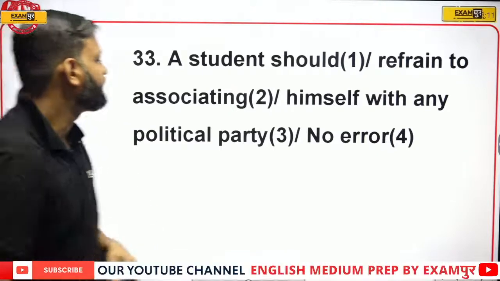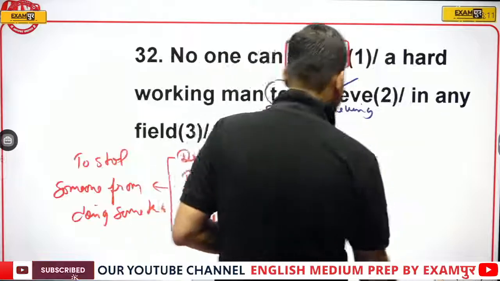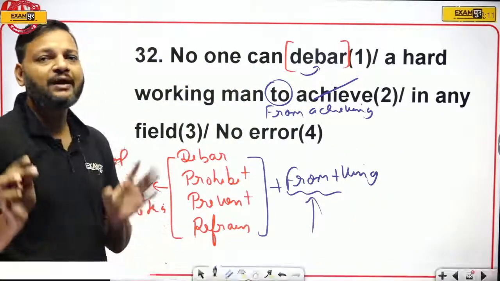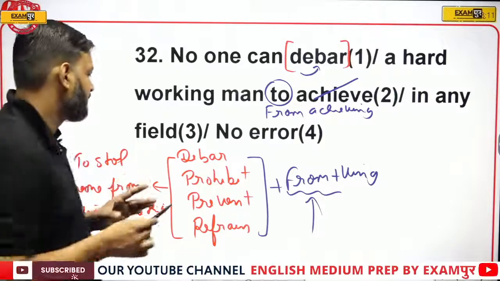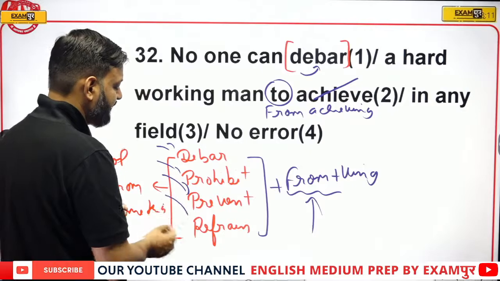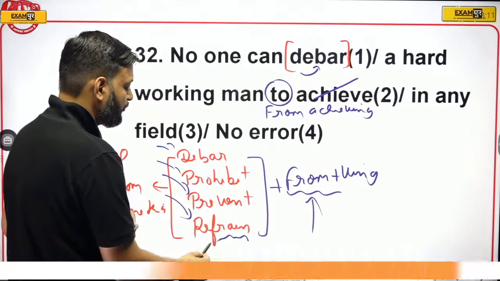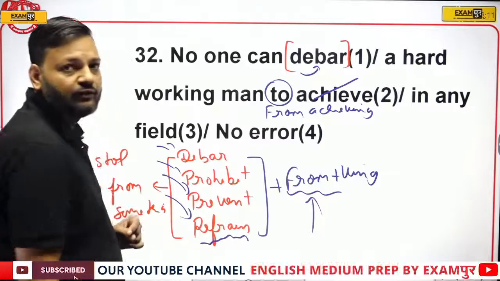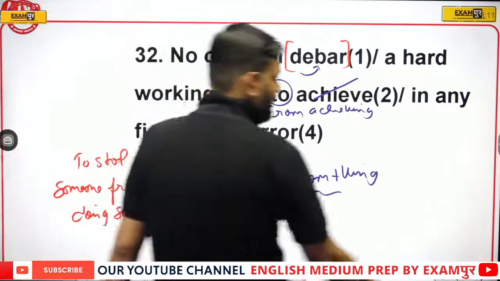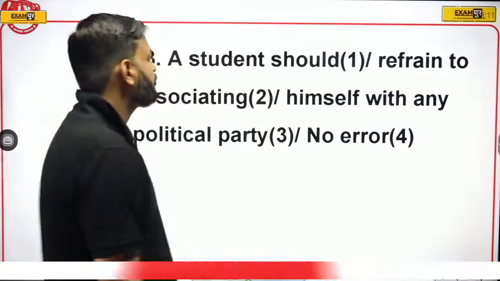See, I have just told you some words which are followed by from as a preposition. Okay, the words are debar, prohibit, prevent, and refrain. So refrain is also such a word which is followed by from. Okay, so in this sentence, a student should refrain.